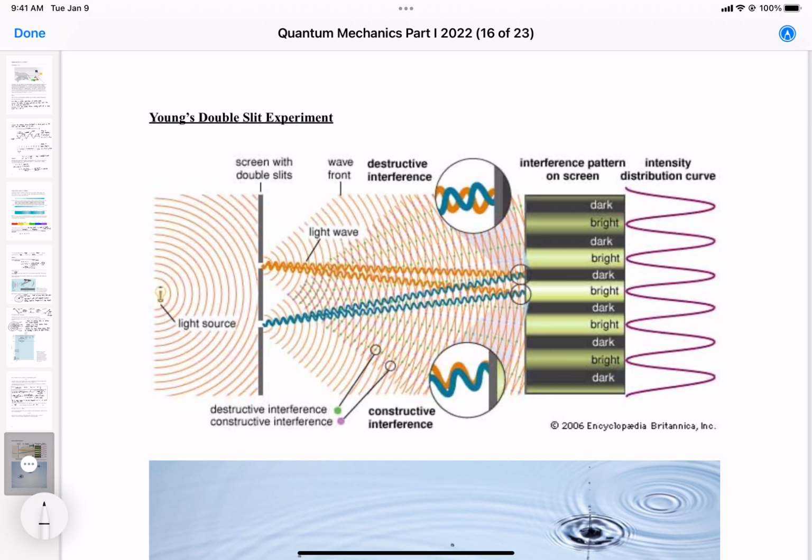So you have a light source, and when the light shines through a screen with some narrow openings, the light gets diffracted, and through these two openings, the waves will start to generate new waves, and then those waves can superimpose on each other, or what we call interfere. So when they interfere, you get an interference pattern.